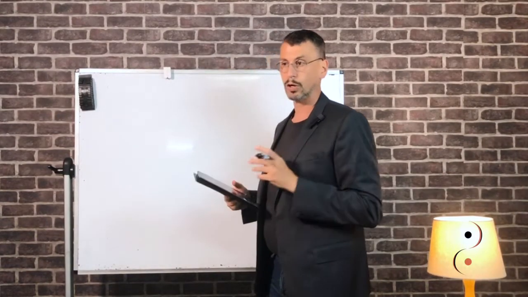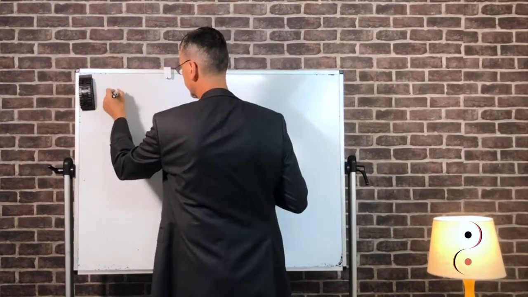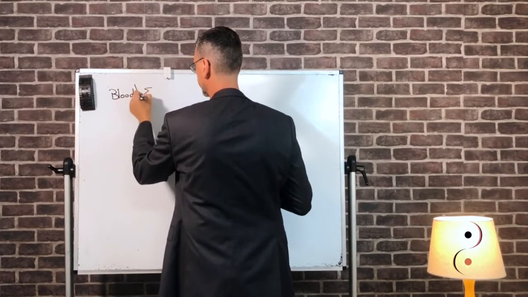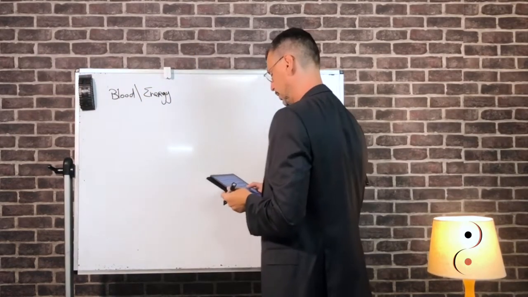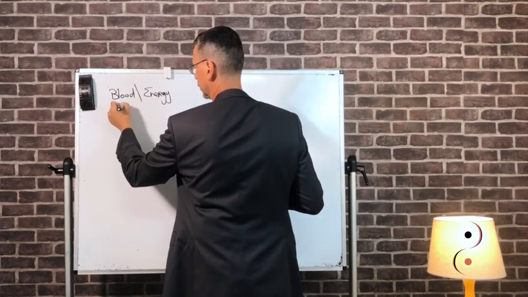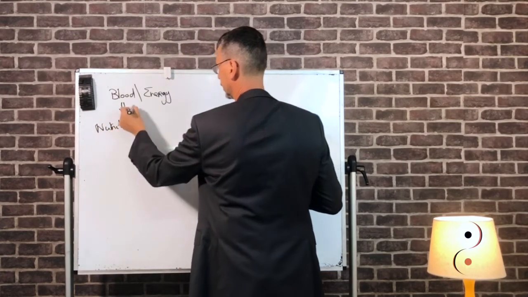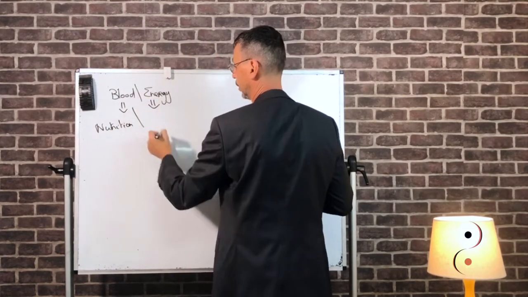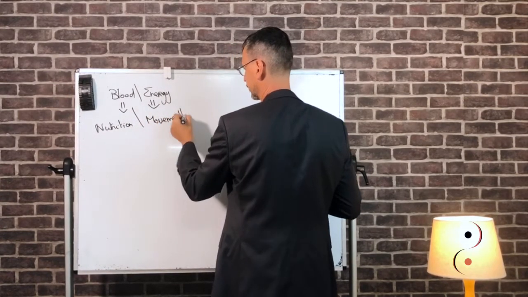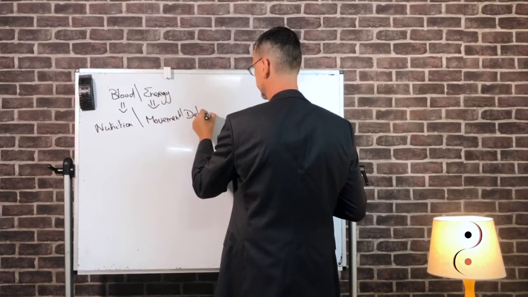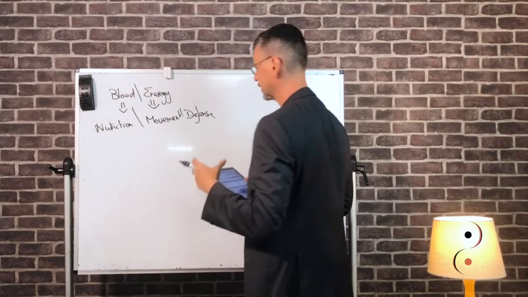Another aspect also of the yin-yang is what we call blood and energy. So we are talking here about nutrition, and concerning energy, about movement, defense, and also the capacity of awareness.